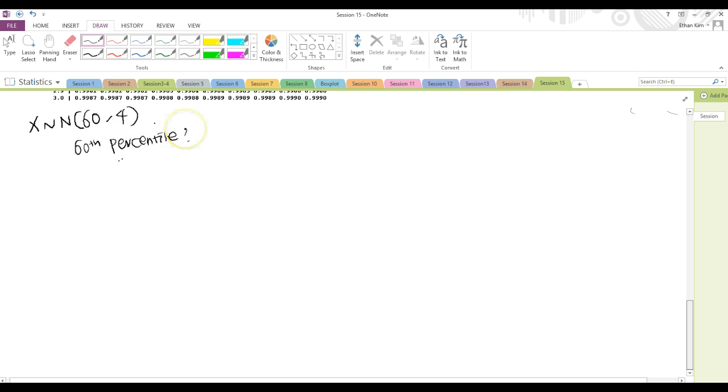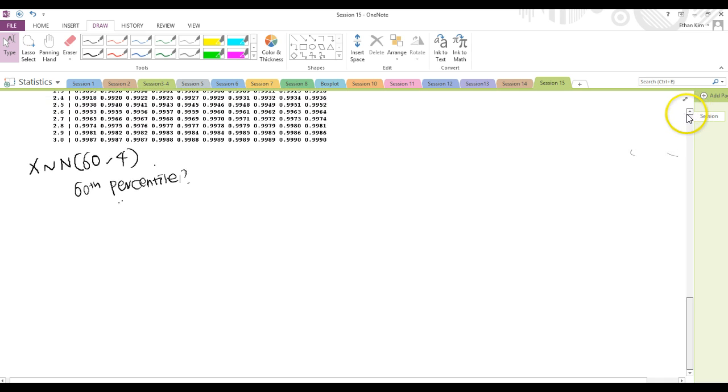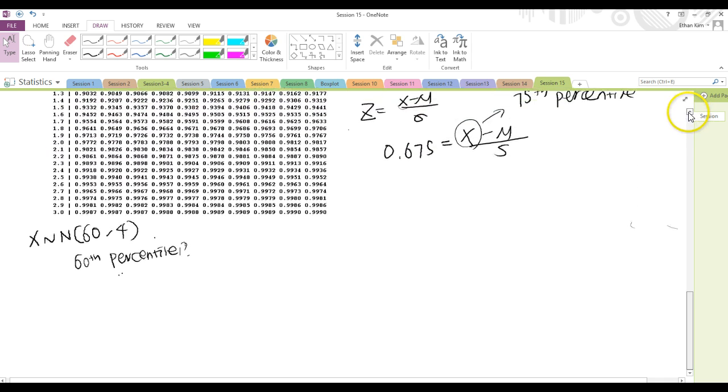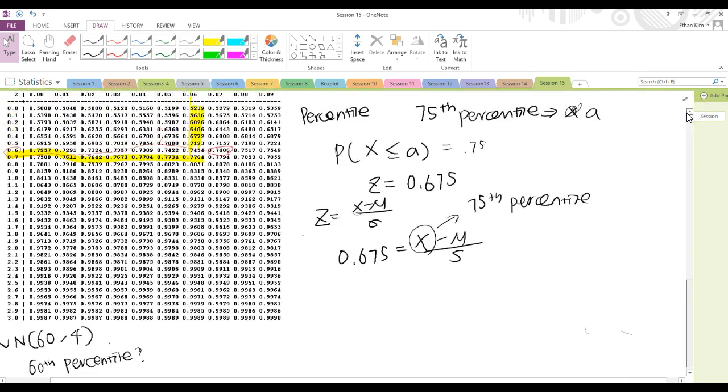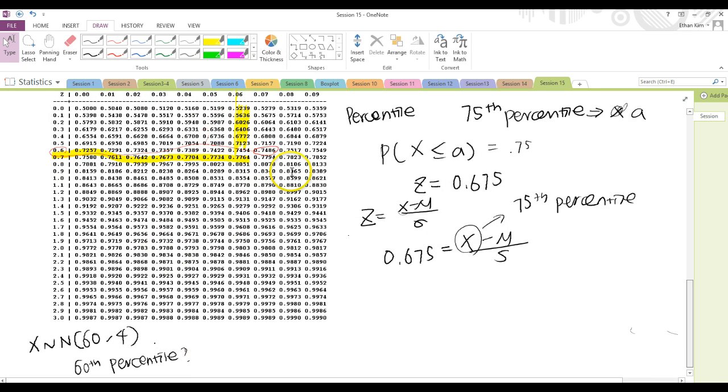Okay, so first we need to find the z-score. So we can do that here. The percentage has to be greater than 0.6. So looking at 0.6, 0.6 is right here.